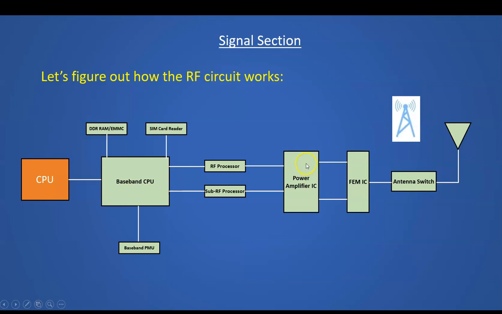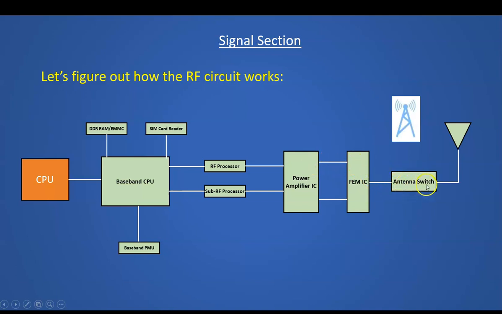Whatever the baseband frequency, let's say for 4G, it will add the 2100 megahertz frequency, or whatever the required frequency, to the voice signal. Once the signal reaches here, it becomes modulated, meaning the required frequency has already been added to the voice signal.